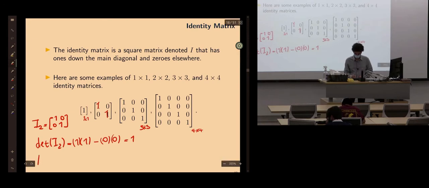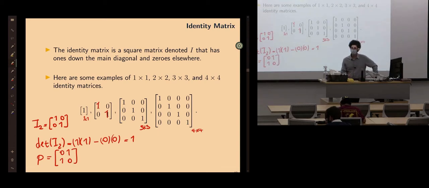Now, if I build a permutation matrix by exchanging first and second row, this is what I get, right? What is the determinant of P, my permutation matrix? Zero.